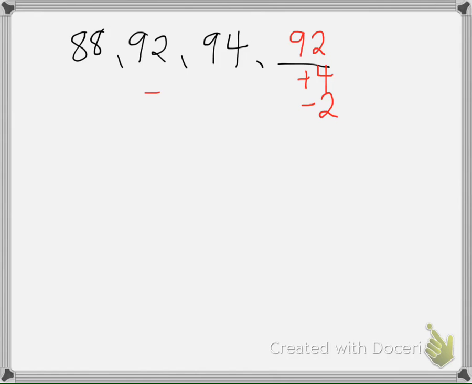So if we start with, okay, that one's going to be 92, but I need 4 more because I'm going to have to give them to this one that's too small. But I really need 2 less for this one. So 92 plus 4 is 96, minus 2 is 94, which is the exact same thing we got by doing the equation. It's just a different way to think about it.